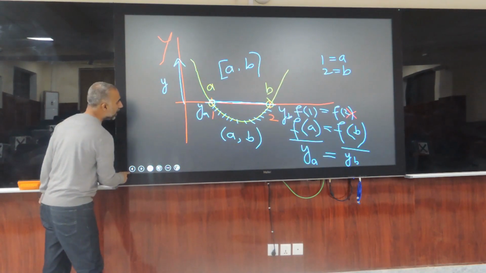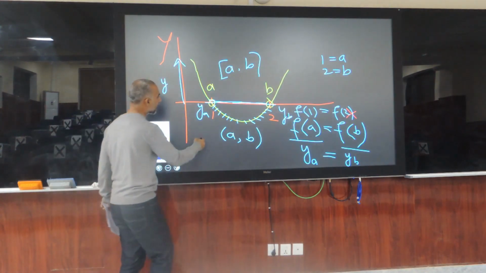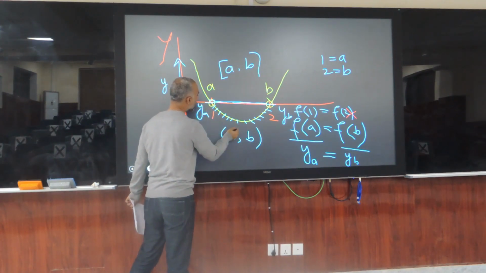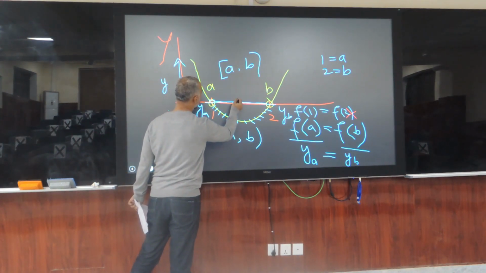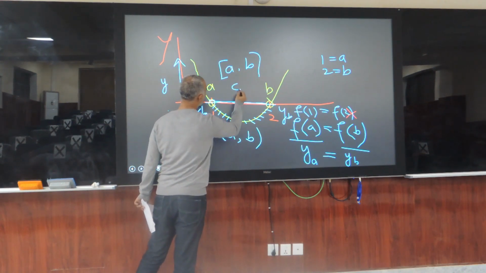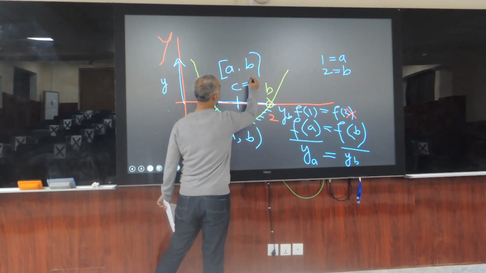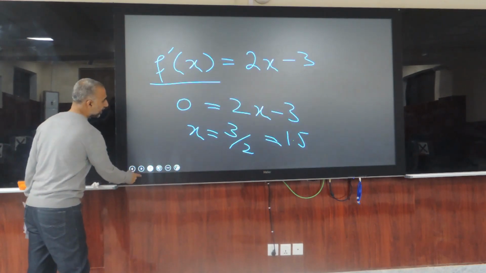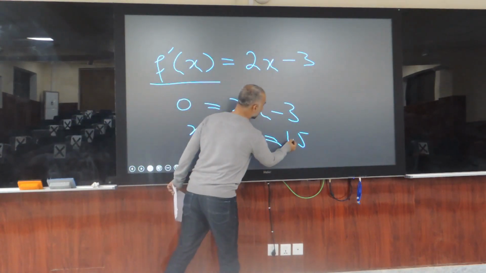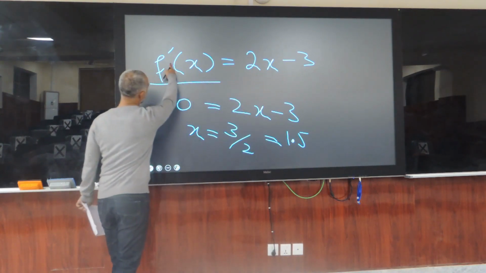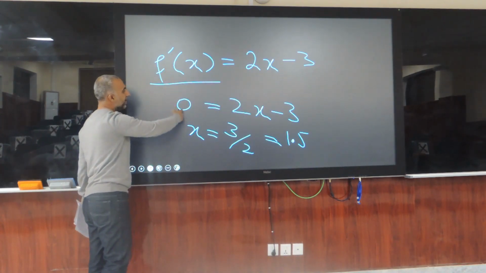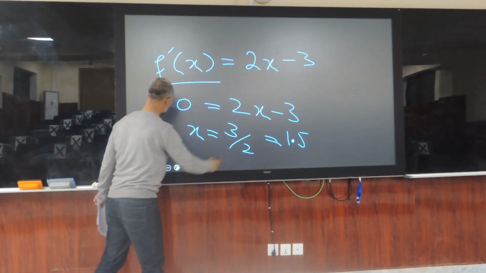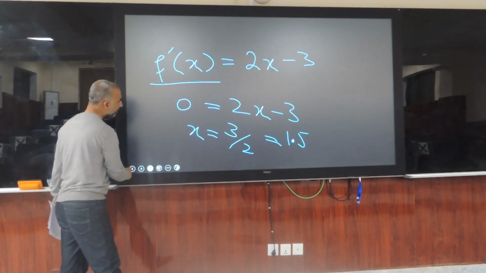Okay, let's go back to this. There is somewhere a C, and the value of C is 1.5. You can check it's 1.5 by this. Setting the derivative equal to 0, we will have x equal to 1.5 on the x-axis.